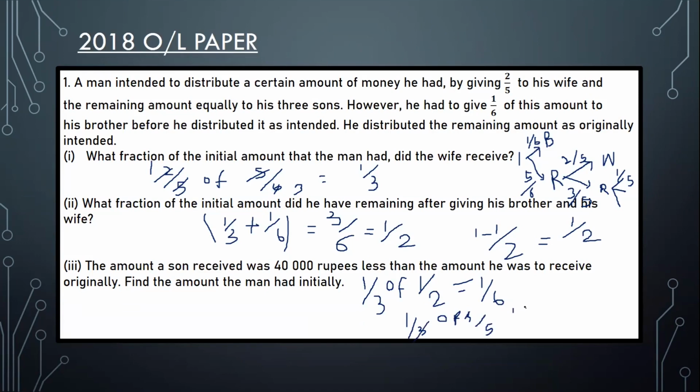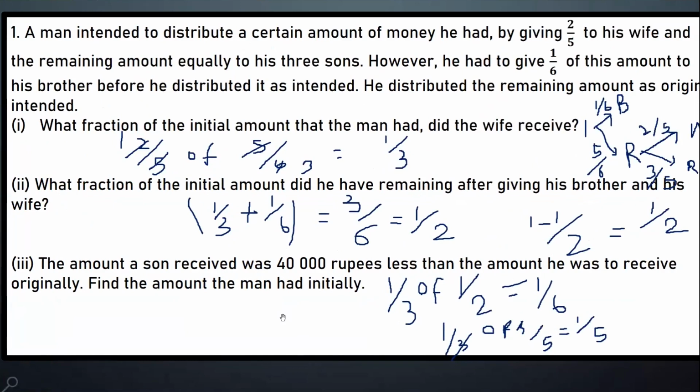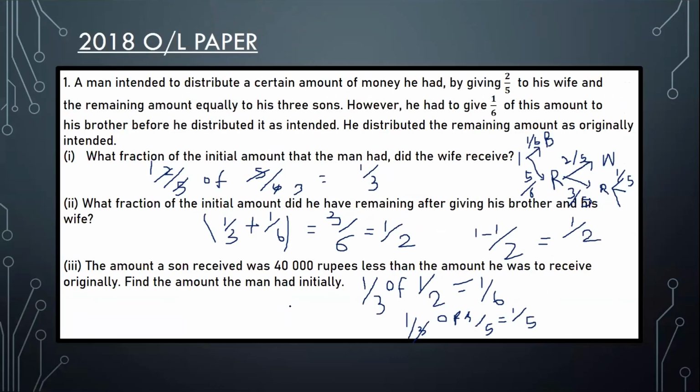That is going to be 1/5. Is it clear now? Because he gave to the brother, they received 1/6 portion. If he had not given to his brother, they would have received 1/5. The difference between these fractions is what they have said, 40,000 rupees, less than the amount he was to receive originally.